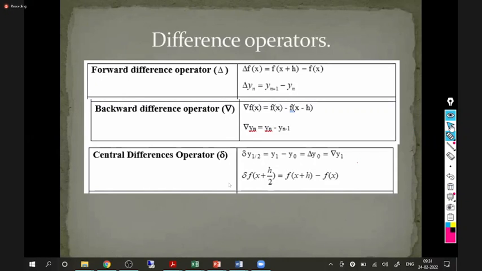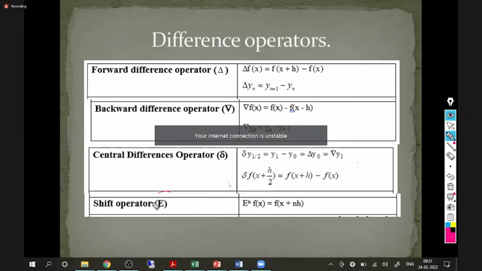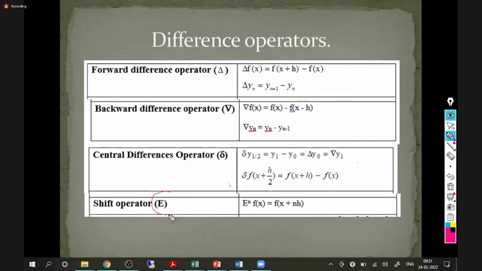Just the last one, it is a shift operator. The shift operator is denoted as E. The purpose of the operator is just to shift the function to n points ahead. So I'll write it here. Suppose I write E square of f of x0, and we have points x0, x1, x2, x3, and so on.